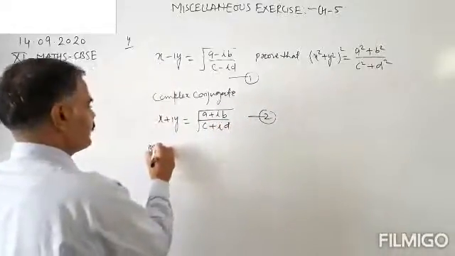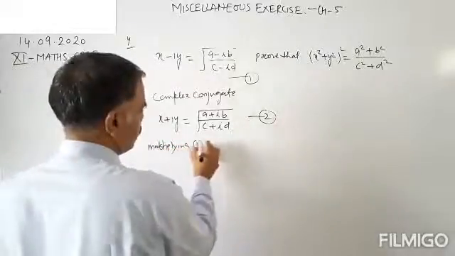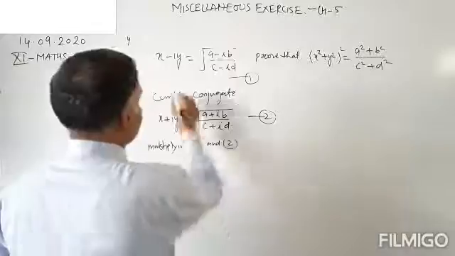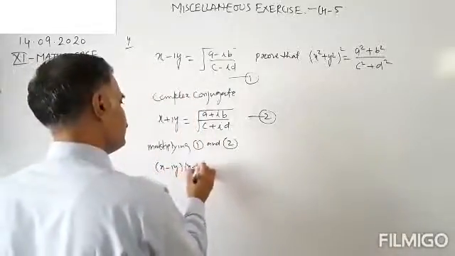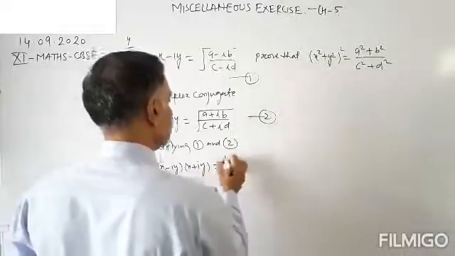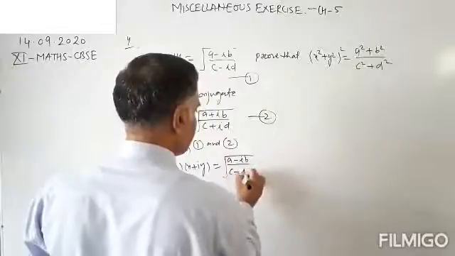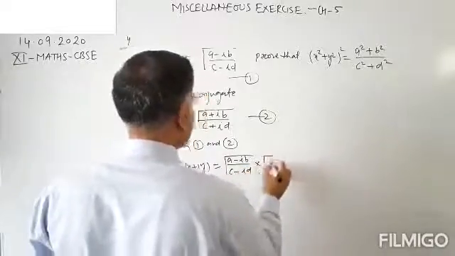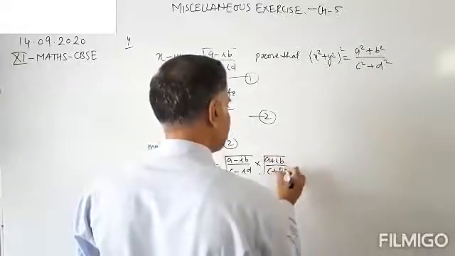Multiplying first and second, x minus iota y multiplying x plus iota y is equals to under root of (a minus iota b) upon (c minus iota d) multiplying under root of (a plus iota b) upon (c plus iota d).